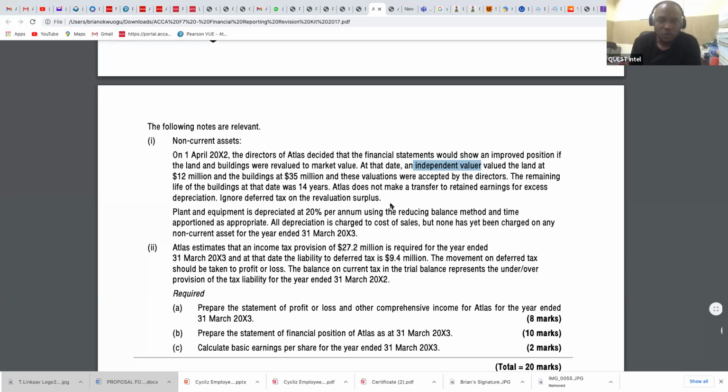So while land and building seems to be depreciated using the straight line method, the plant and equipment is depreciated using the reducing balance method and time apportionment. So if you bought it in January, for example, and your year end is 31st March, then only 3 months depreciation will apply.